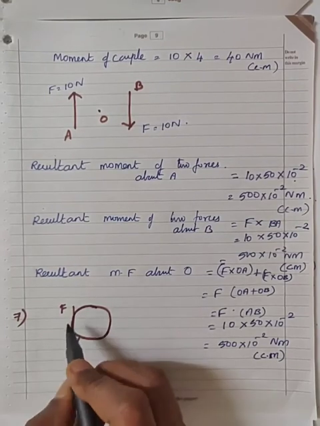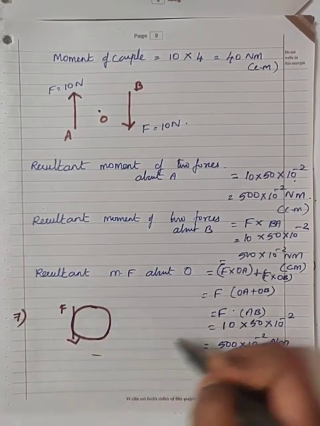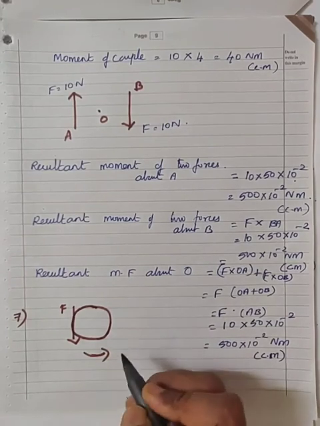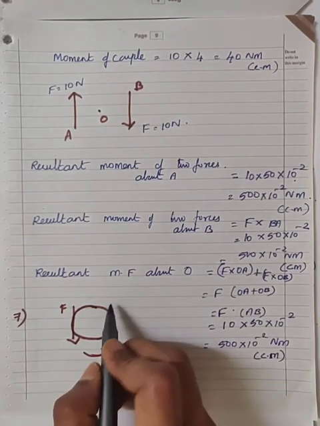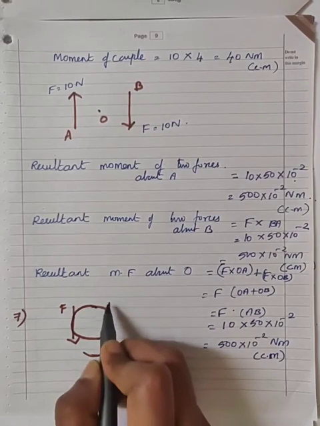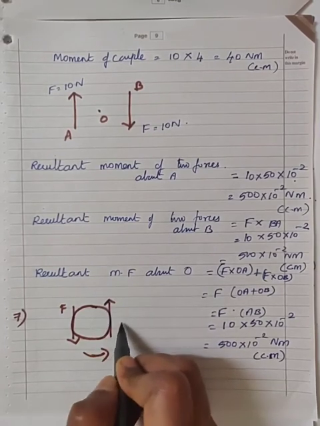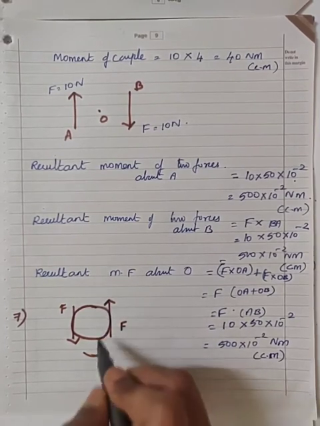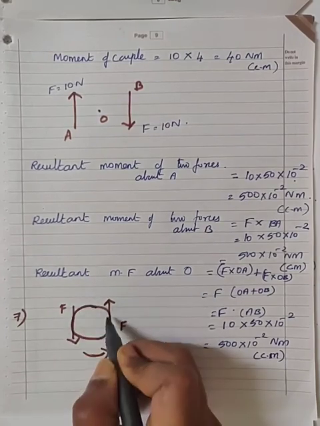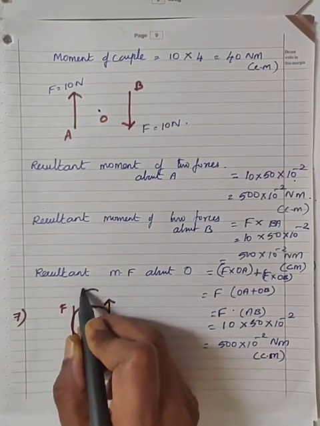Suppose the force is acting on the body like this, it will make the body rotate in this direction, that is anti-clockwise. Another force is acting in the opposite direction. The magnitude of this force will also be F, the same, and this will make the body rotate in the anti-clockwise direction, that is this direction.